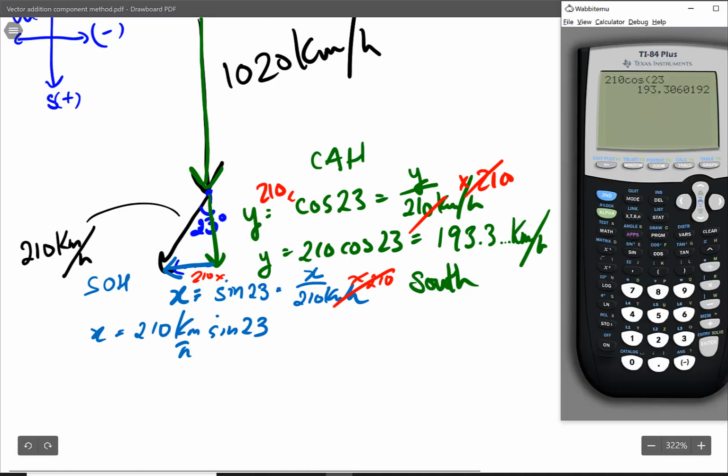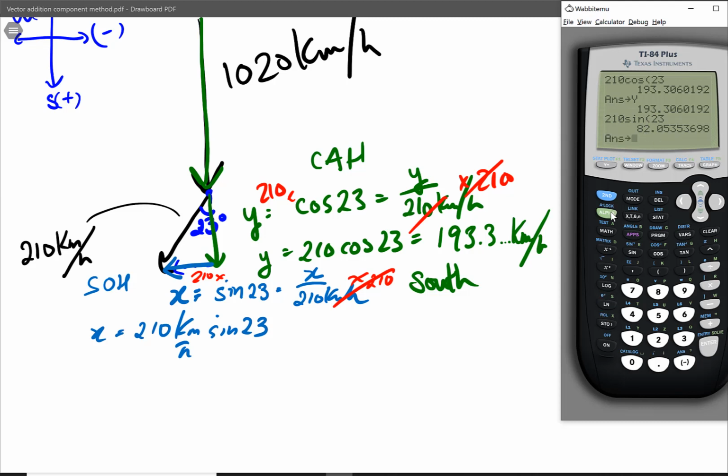And you know what? I'm gonna save this number on my calculator, my previous one, 193, that's my y. I'm gonna store it as alpha y because I'll need it later. Okay, and then now I'm gonna calculate my x component, 210 sine 23, which I'm also gonna save, 82.05.